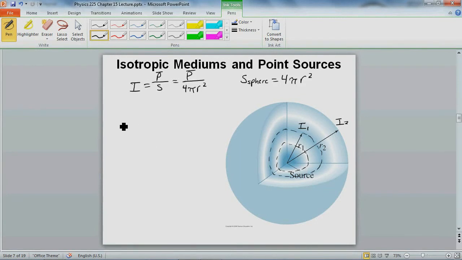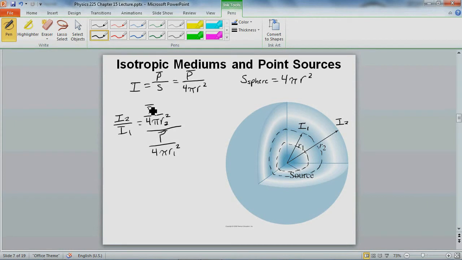So if we come up with a ratio, I2 to I1, that's just going to be the average power over 4 pi R2 squared over average power over 4 pi R1 squared.